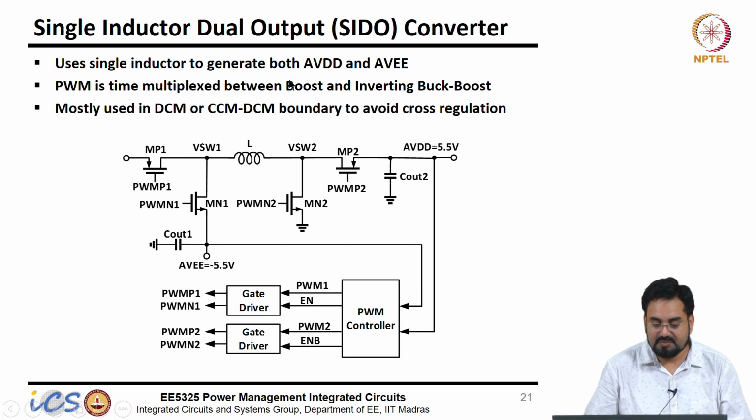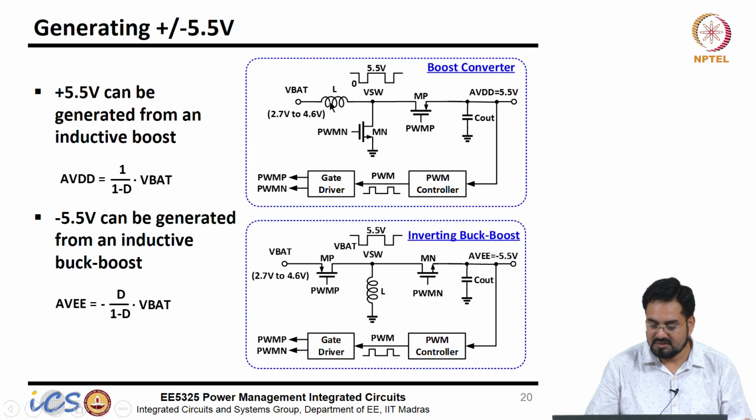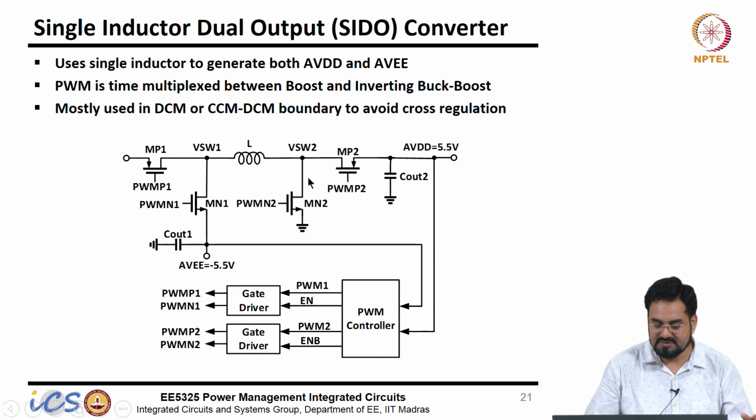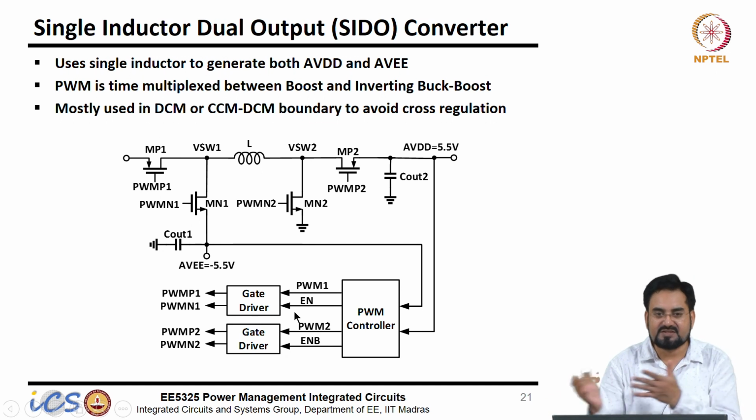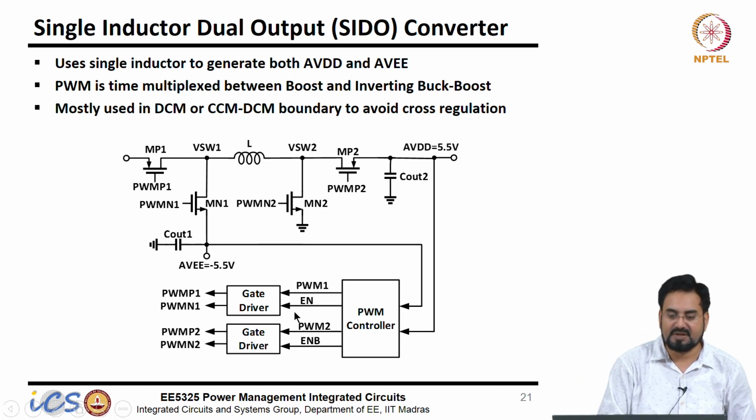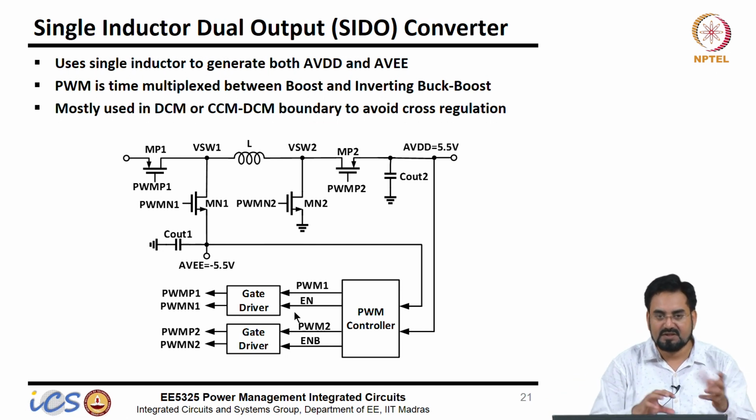Another possibility could be a single inductor multiple output. Now we know how to do an inductive boost and how to do an inductive inverting buck boost. If we connect this inductor in an H-bridge manner, which means 4 switches, it's like time multiplexing, just like we saw in the single inductor multiple output. It's nothing but the same, and we know how to control that.